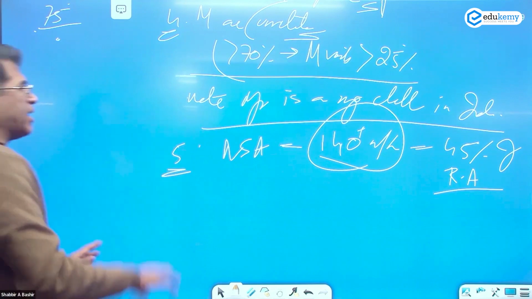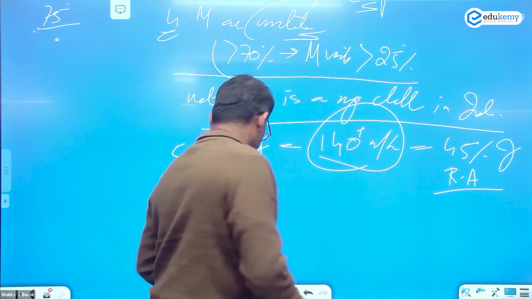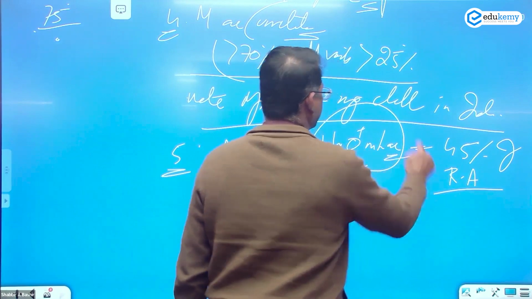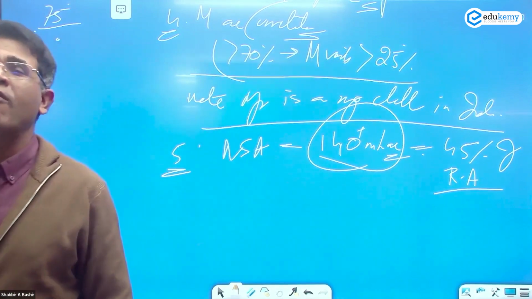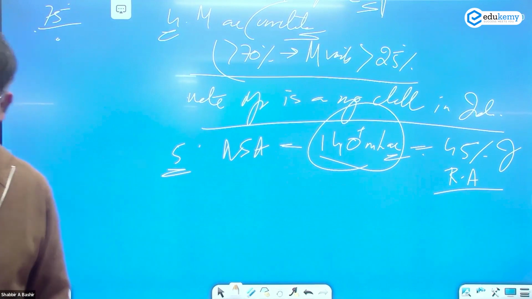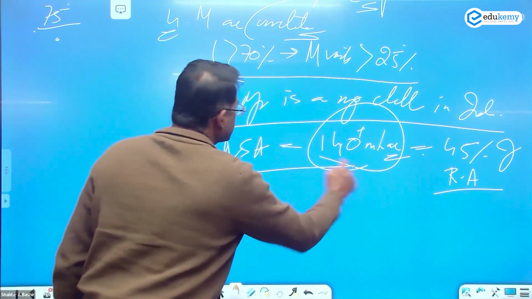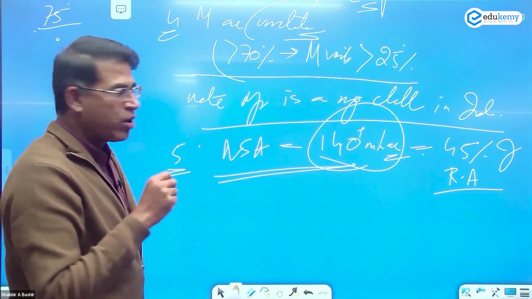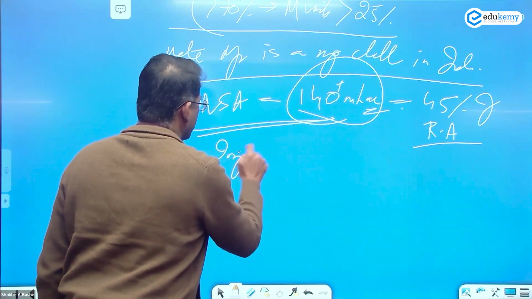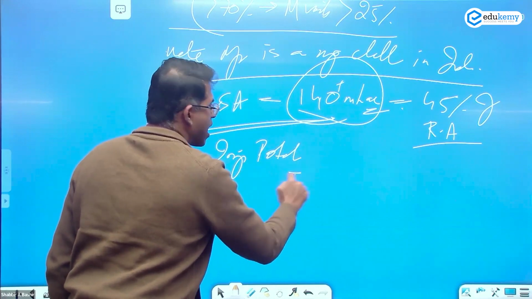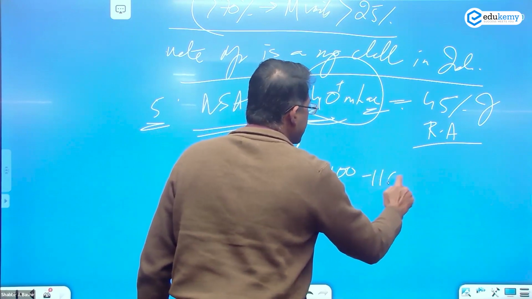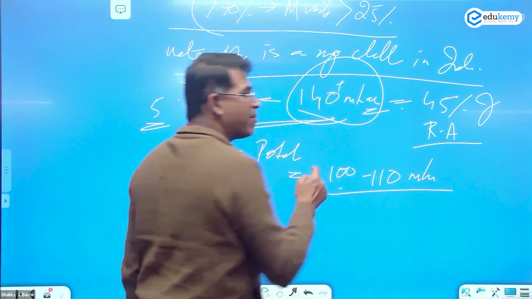140 approximately million hectares. You write this as MHAC, which is almost 45% of India's reported area. Okay. Now, इस एग्रीकल्चर में हमारा जो इरिगेशन पोटेंशियल है, that's approximately around 110 million hectares. ये हमारा पोटेंशियल है.